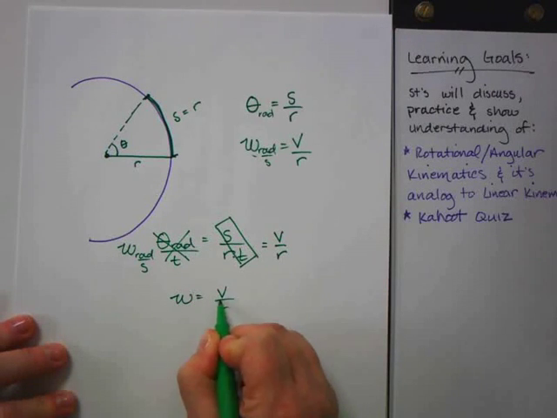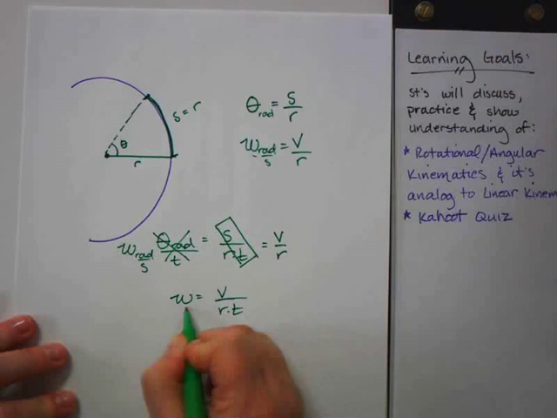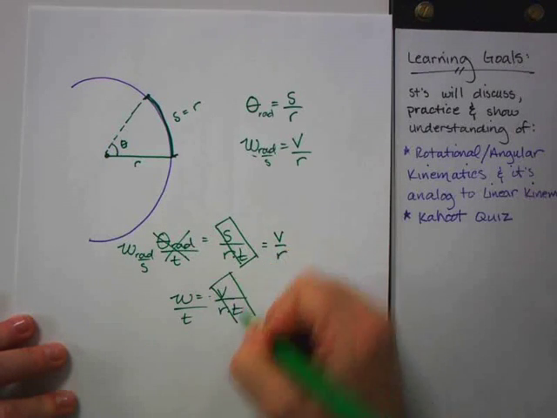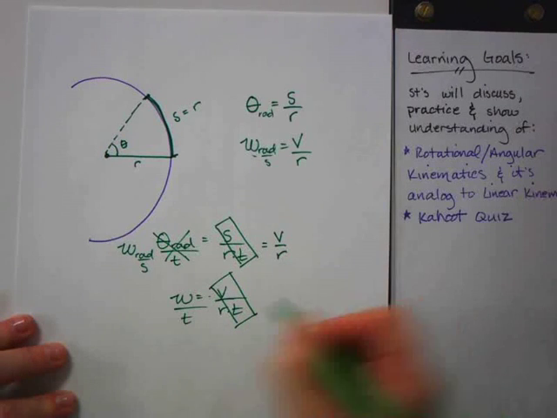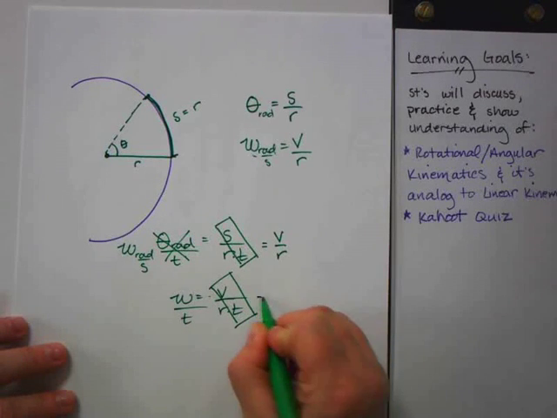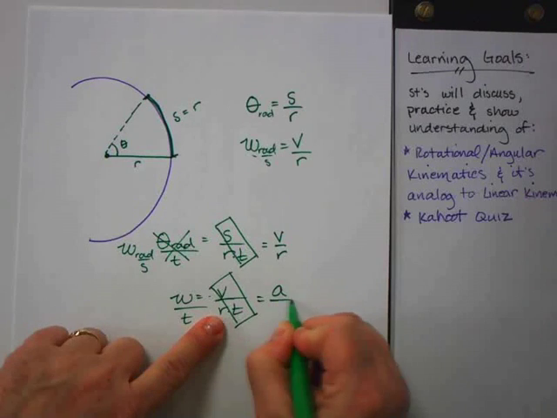All right, so let's see. If omega equals V over R, and I divide by time again, got to do the same thing to both sides, right? If this were change in velocity over time, what would that be? Change in velocity over time is the same thing as acceleration, right.